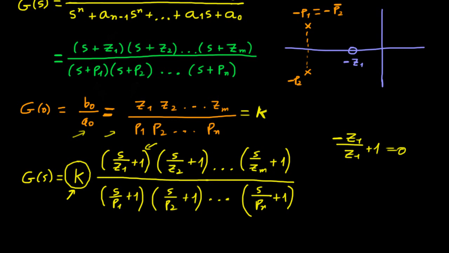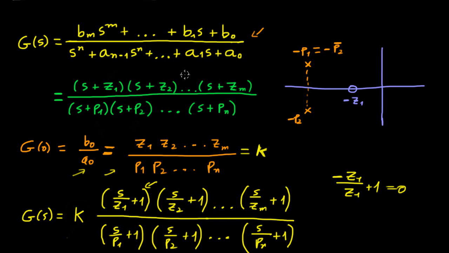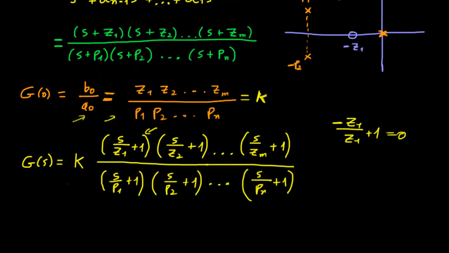There's an exception to this, which takes place when, for example, a0 here is equal to 0. In that case, we have a pole at the origin of the plane right here, and we call that pole, as you'll see, an integrator. In that case, this p1 maybe could be removed.